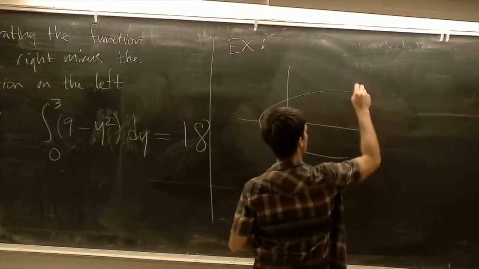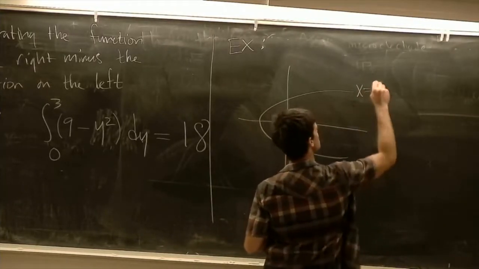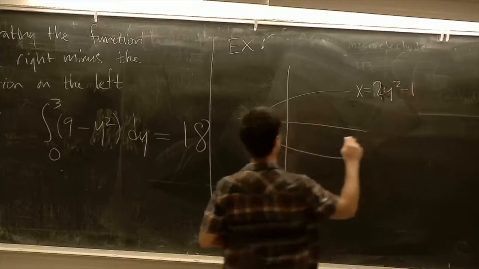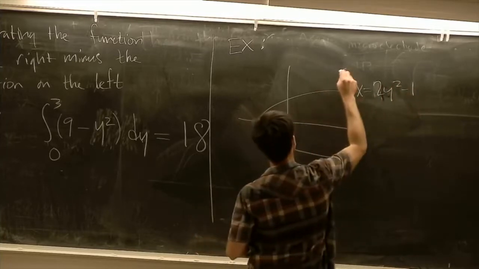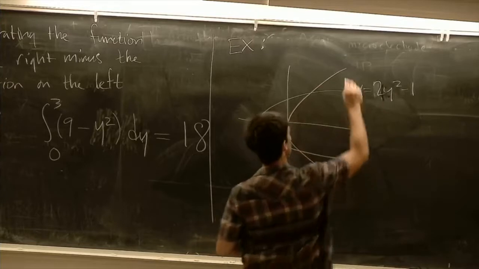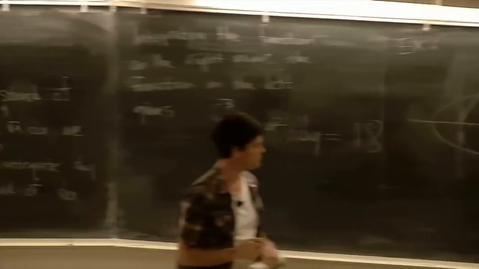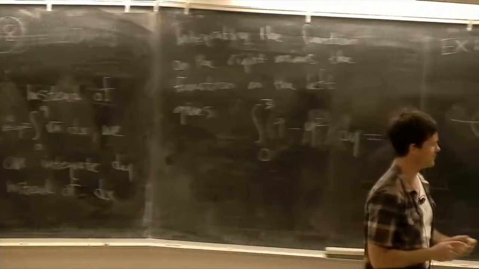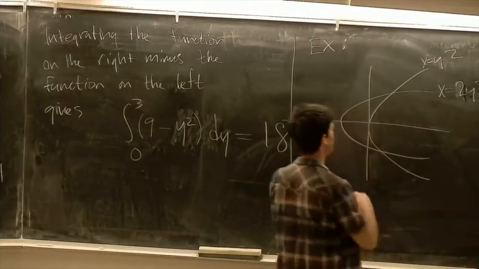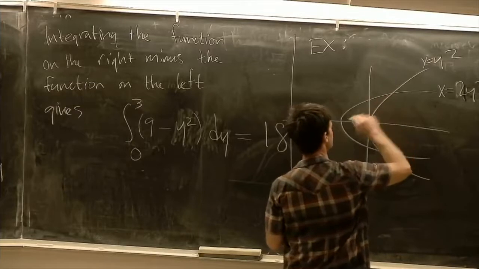So this is x equal to 2y squared minus 1. And this is x equals y squared. And the question is to find the area between the curves.